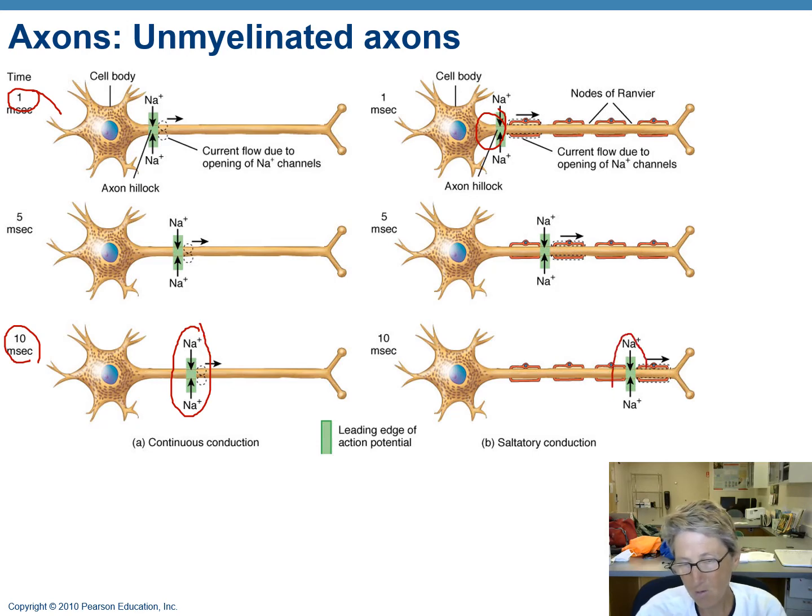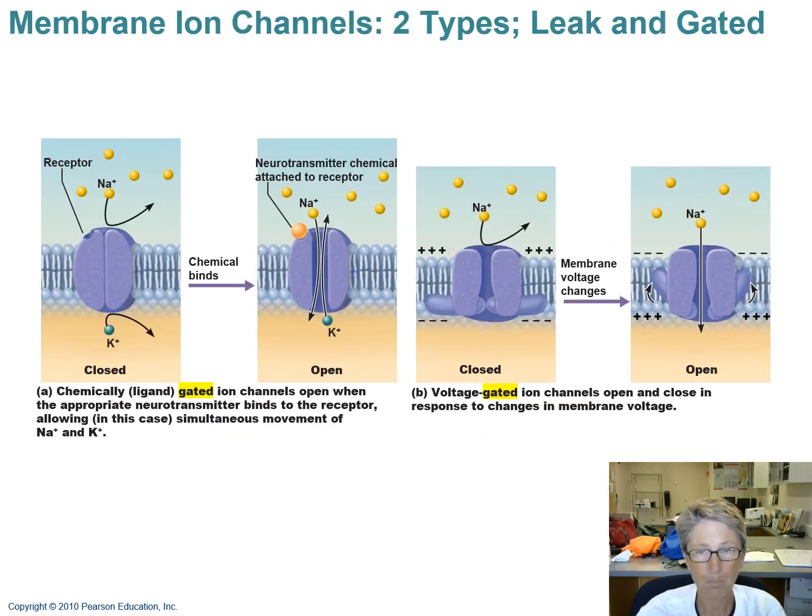But look how far the action potential has gotten on a myelinated axon. So it just shows that if you are an axon and you are myelinated, you can conduct an action potential with a greater velocity.